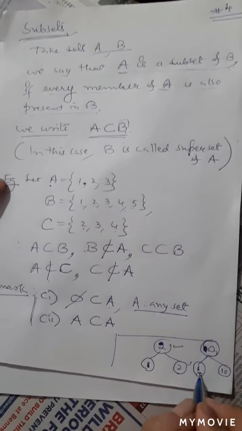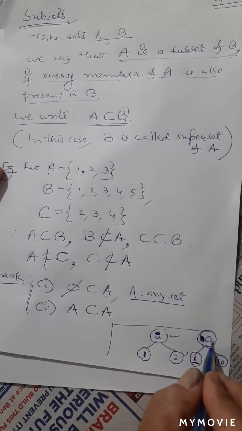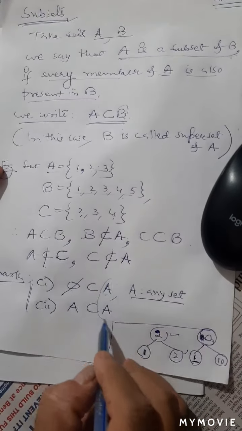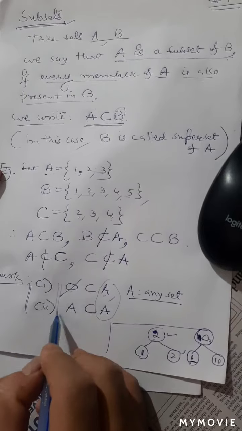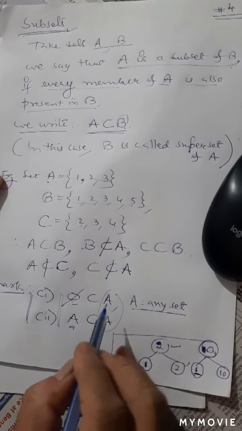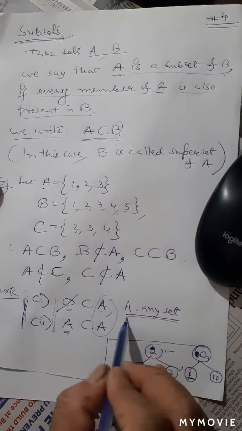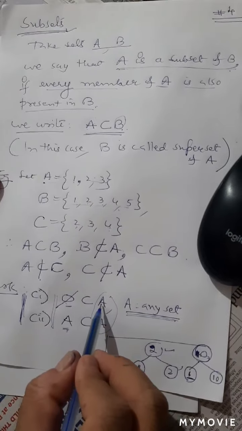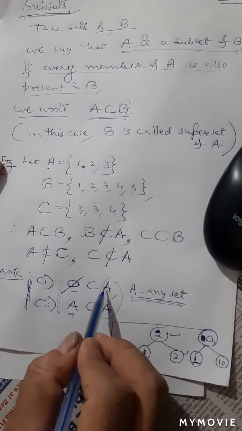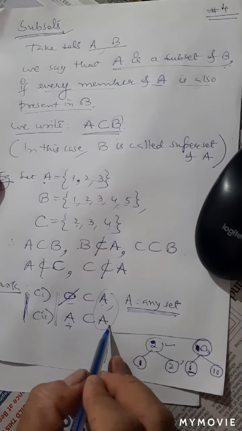But every number has at least two divisors. Same way here, every set A has at least two subsets. One is phi and the other one is itself. So this we need to remember. If you are given any set A, then it has at least two subsets. One is phi, which is a subset of every set A, and the other one is always the set itself.